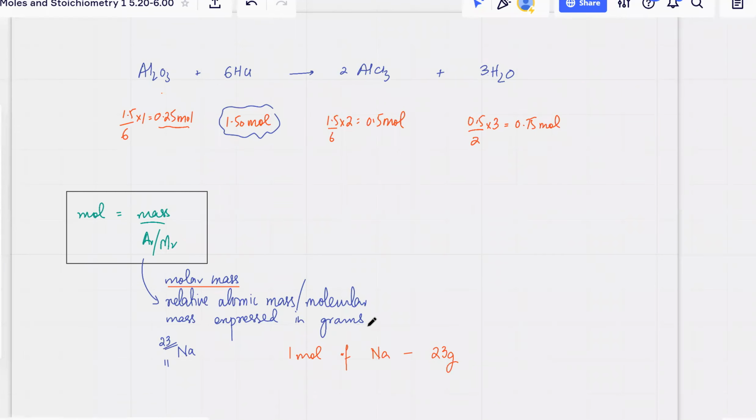ठीक है. तो periodic table में ना ये conversion given है कि the mass of 1 mole of atoms is always given. It's given right next to them. Is this clear?